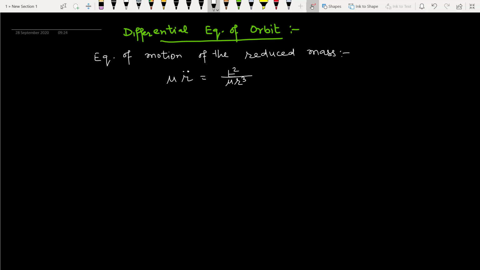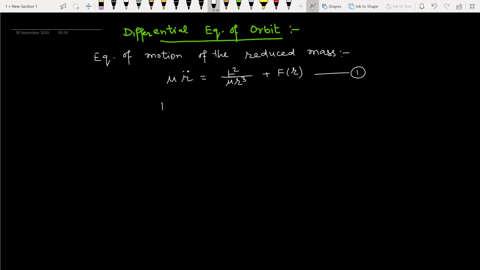L is the angular momentum and F is the central force acting on the system. This equation has been derived in our previous lecture. Now we will convert this equation into the differential equation.